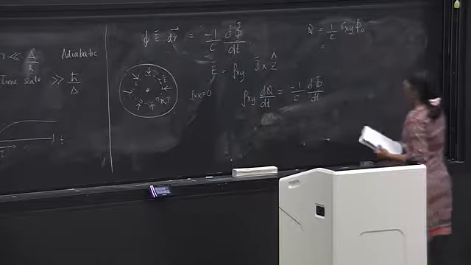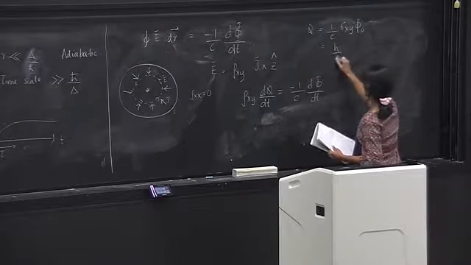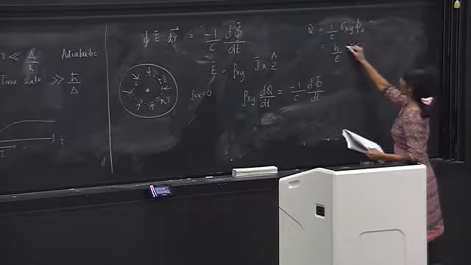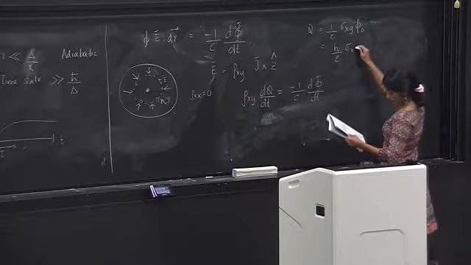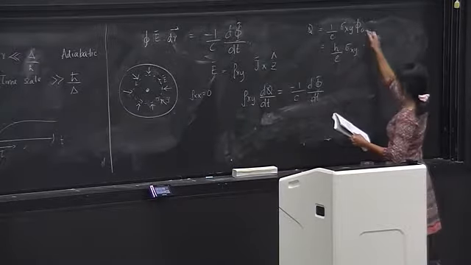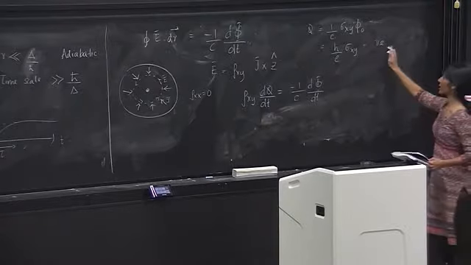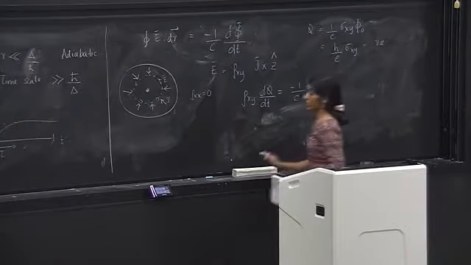And using the fact that sigma xy is quantized in the Laughlin system, plugging in sigma xy is nu e squared over h, I get that this is nu e. Okay, so sorry, just backing up a little bit.